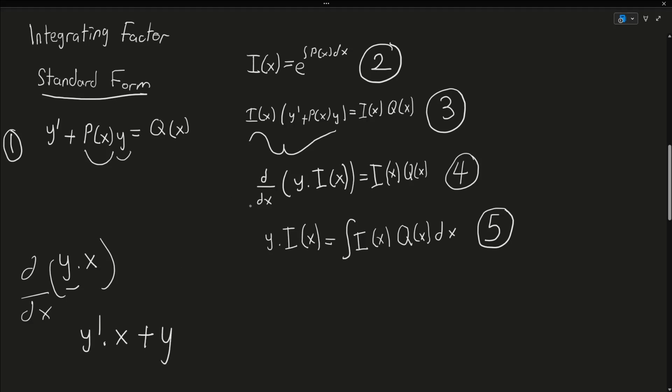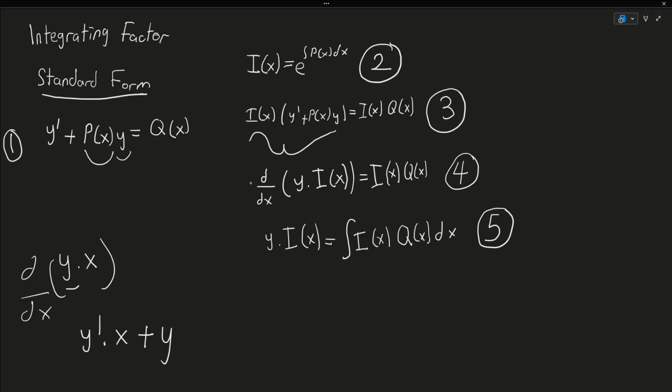Once you do this multiplication, you have a product rule derivative on the left hand side. So you can write this as d dx of y times I of x, because once you do this, you have to get this format.